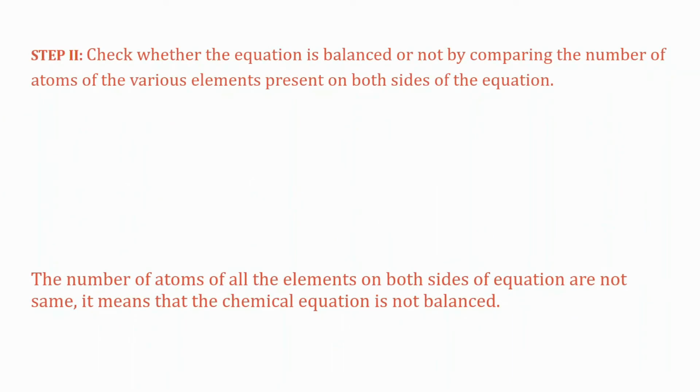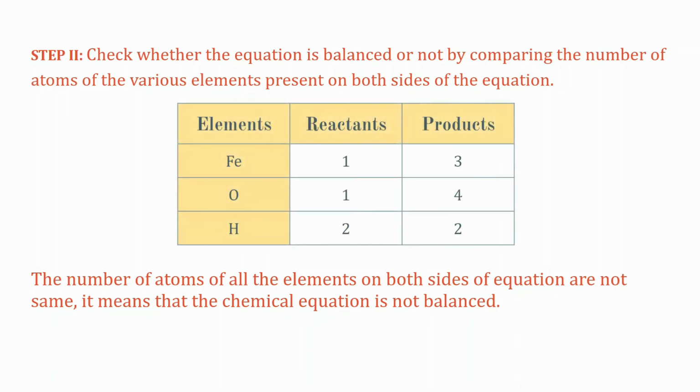Check whether the equation is balanced or not by comparing the number of atoms of the various elements present on both sides of the equation. So here you have to check whether the atoms on both sides are equal or not. The number of atoms of all the elements on both sides of the equation are not the same. It means that the chemical equation is not balanced.